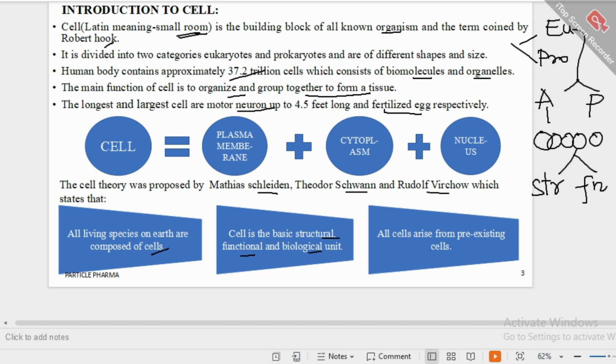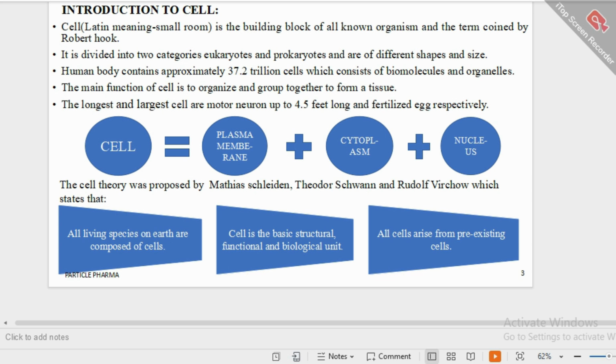I'll take the example of a fertilized egg. The egg arises from the fusion of male and female gametes. The male gamete arises from the male reproductive system and the female gamete arises from the female reproductive system, and upon fusion they form an egg. So all cells arise from pre-existing cells.